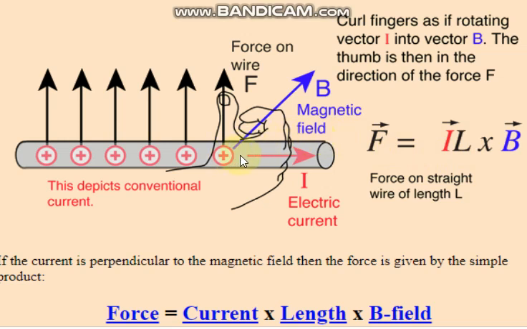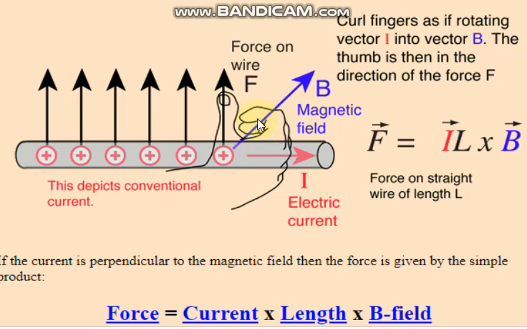So let's do it. You are curling the fingers of your right hand in the direction of rotation of the first vector, which is L. Remember, L is the length of this current carrying wire, and its direction is the direction of the current. So this is our vector L.